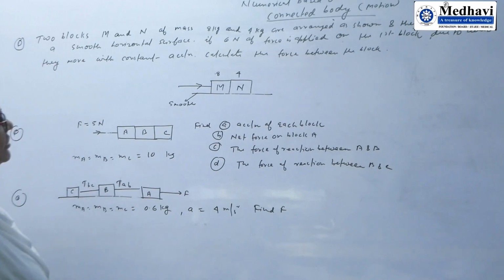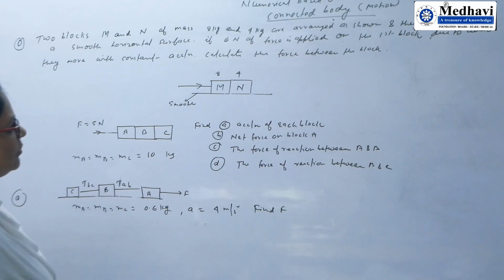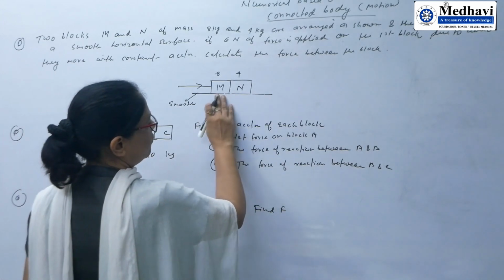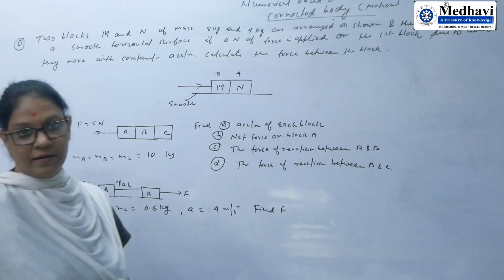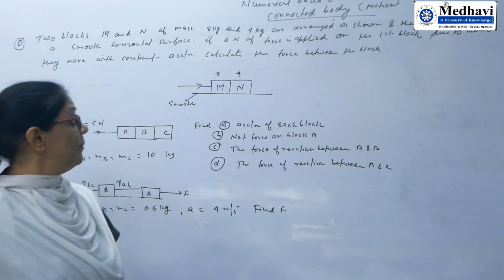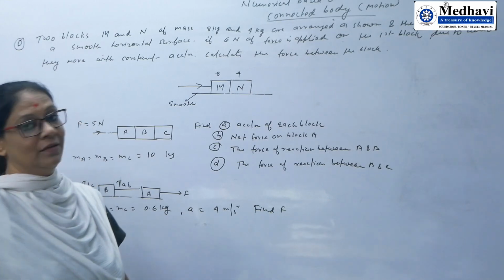If a 6 Newton force is applied on the first block, due to which they move with constant acceleration, calculate the force between the blocks. That means you need to find the force between M and N.